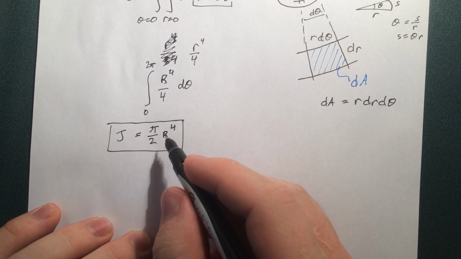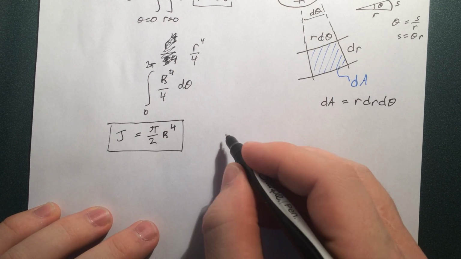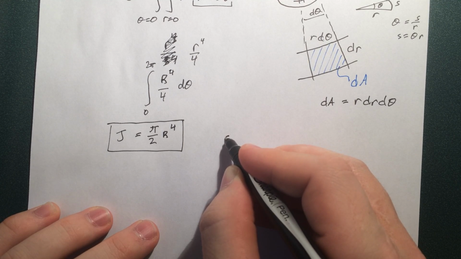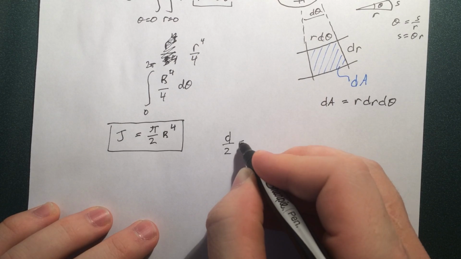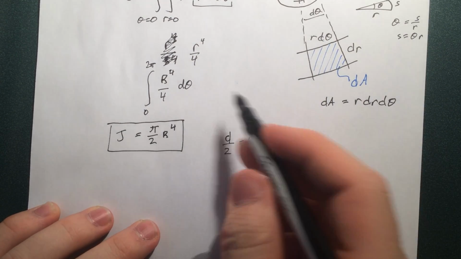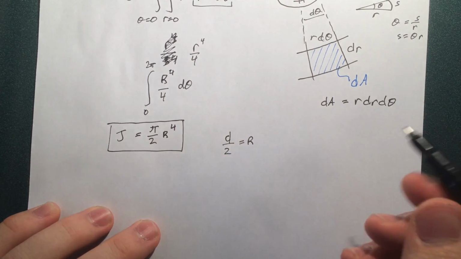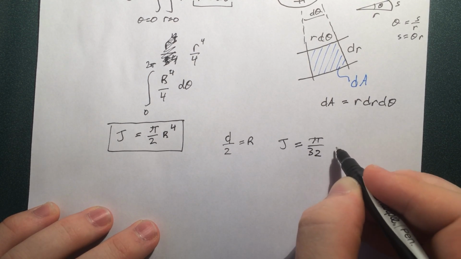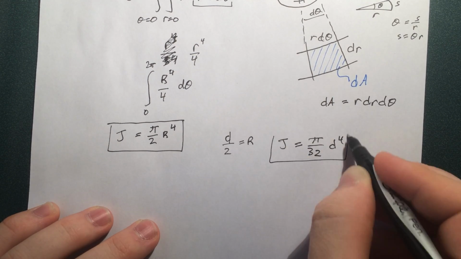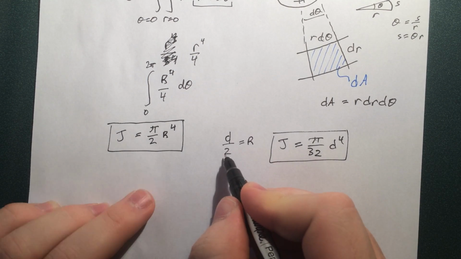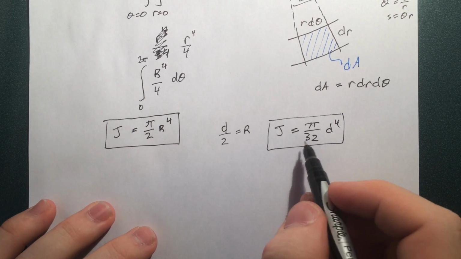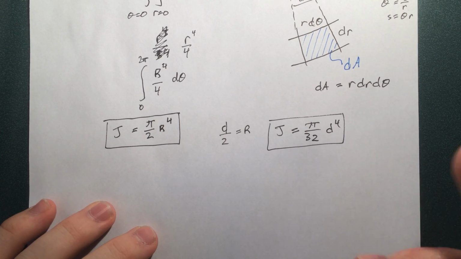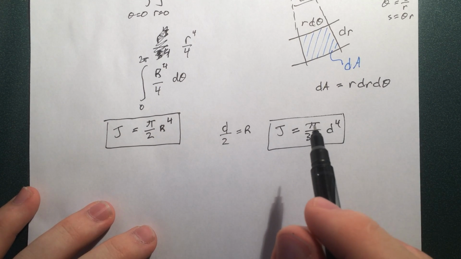So lots of times, instead of R, you can use D. And we know that R is D over 2, so if we plug this in here, and we take it all outside, we can say that it equals pi by 32 D to the 4, because you just take 2 to the power of 4 times 2, that's 32. So these are the two most common equations, and I'll use them interchangeably.